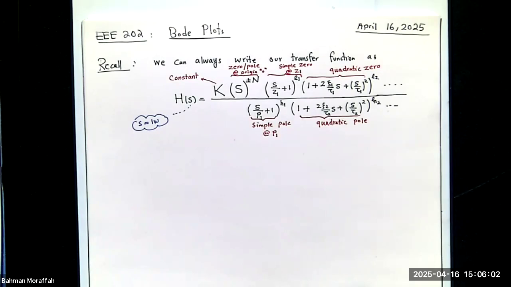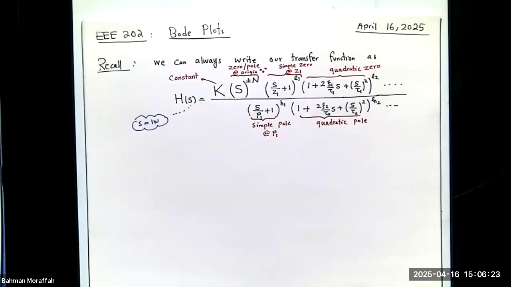So if I want to find the phase of two complex numbers that are multiplied, I know the phase of the multiplication is the summation of both phases. And if I divide two complex numbers, I know the phase of the division is the phase of the numerator minus the phase of the denominator.